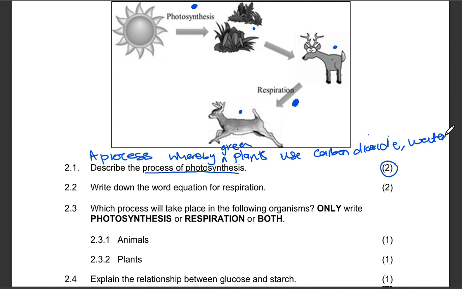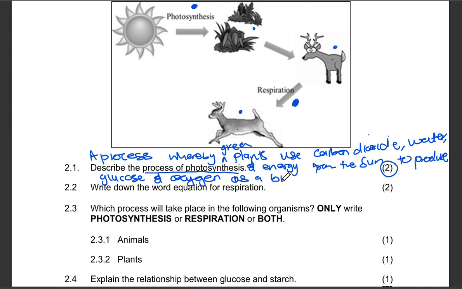They use water from the soil, and energy from the sun, or you can even just say radiant energy from the sun, to produce. So those are the three requirements, and they are going to definitely produce glucose and oxygen as a byproduct. Even if you don't say as a byproduct, to produce glucose and oxygen, that's still enough.